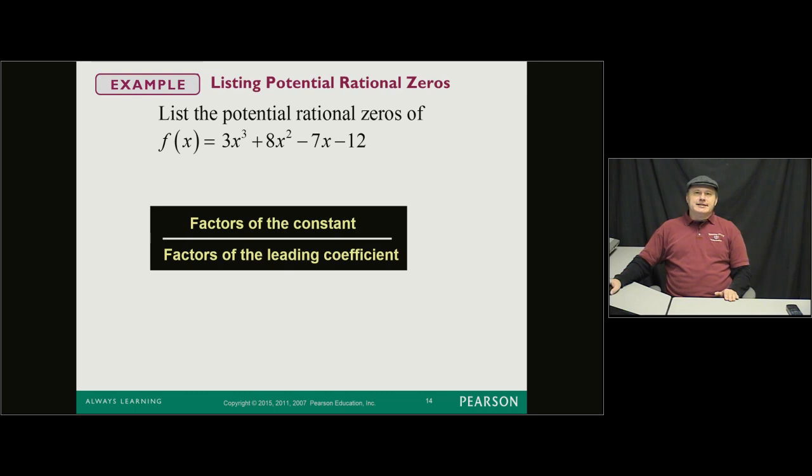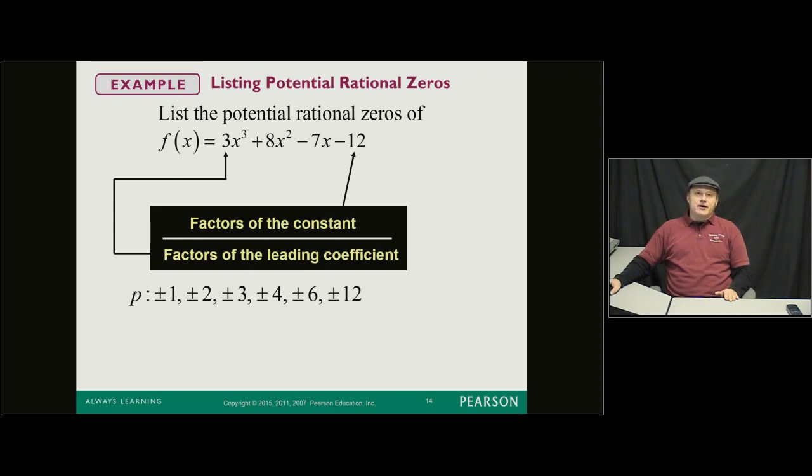So we look at this, and this is a ratio of the factors of the constant and the factors of the leading coefficient. The constant is going to be -12, and the leading coefficient is going to be 3. So it's going to be all the factors of -12 and all the factors of 3. So let's look at it. All the factors of p, which is the -12, are going to be plus or minus 1, plus or minus 2, plus or minus 3, plus or minus 4, plus or minus 6, and plus or minus 12.